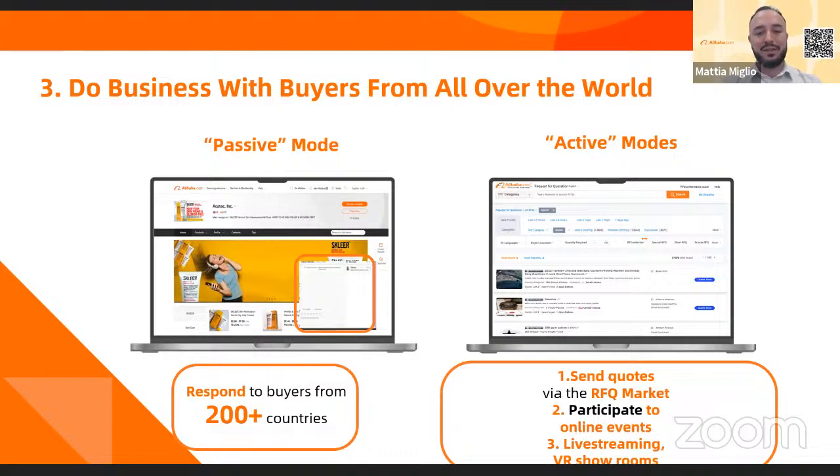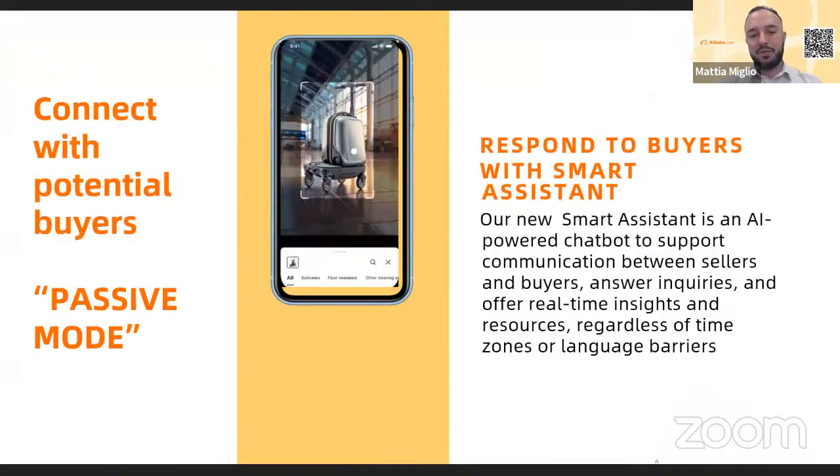So it is important, again, that you actively engage with our platform. B2B trade is very different from B2C. So you need to actively operate in the platform, and we will support you during your membership with education and with our account management team to really understand how to use our platform.